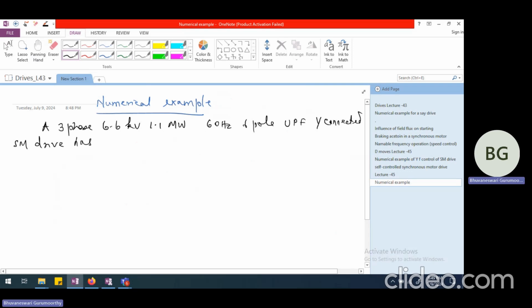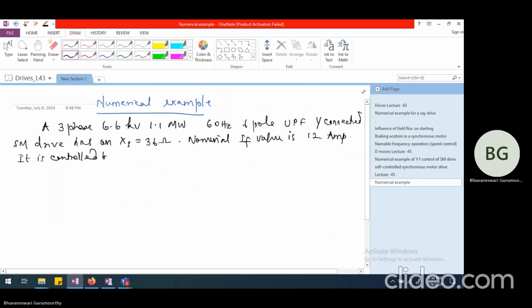This has an Xs value of 36 ohm, nominal field current is 12 ampere. It is controlled by V by F control using a VSI until rated speed.